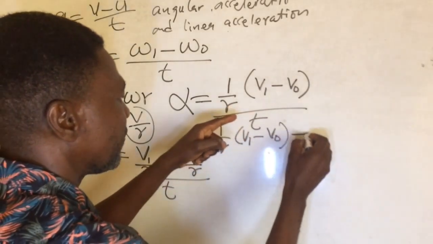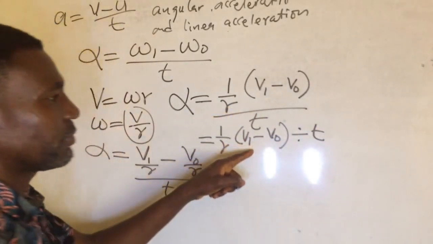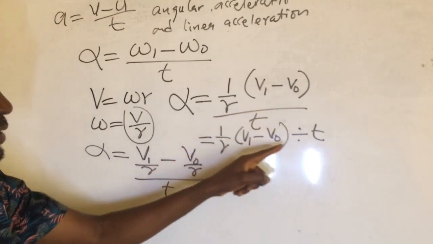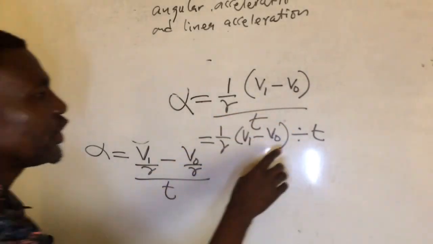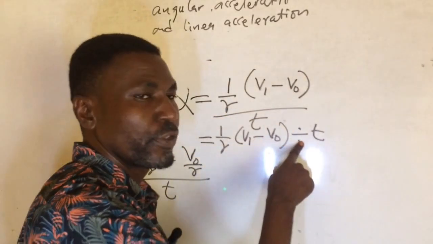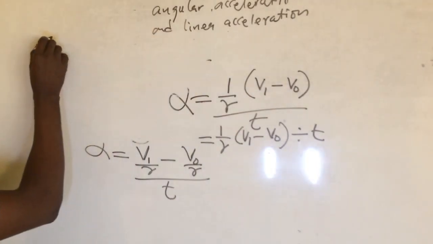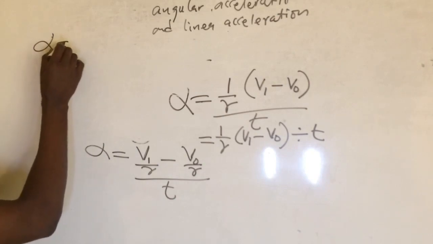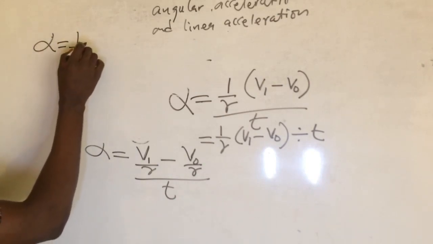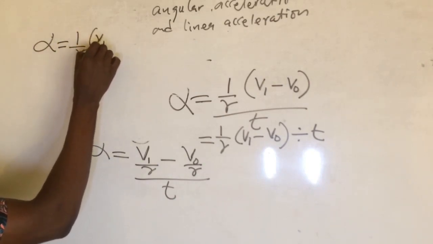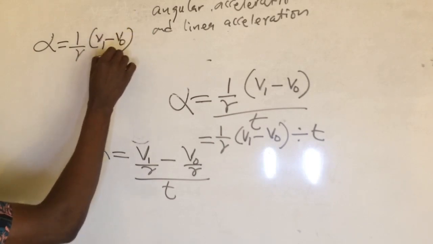We change this thing to divide by t. Remember, this is divided by t. Okay, changing this to a multiplication sign, we now have r bracket (v1 minus v0) close.